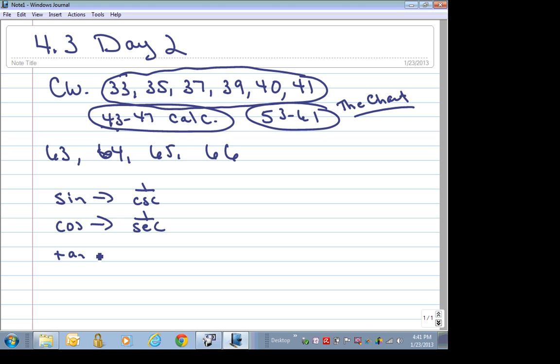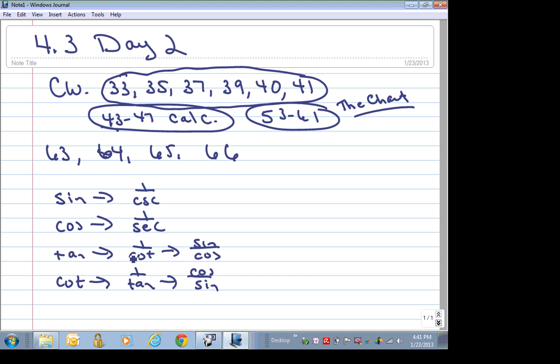We have tan, which is equal to 1 over cotan, which is also equal to sine over cosine. Very important. And then finally we have cotan, which is equal to 1 over tan, but is also equal to cosine over sine. And of course cosecant equals 1 over sine, etc. You can take the reciprocal of those first couple as well.